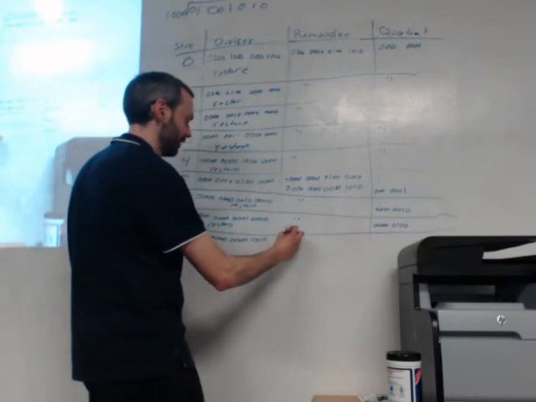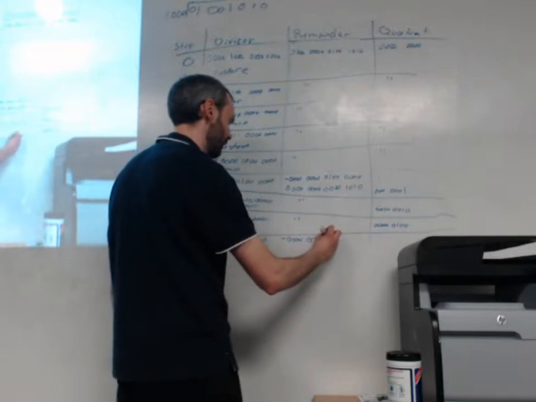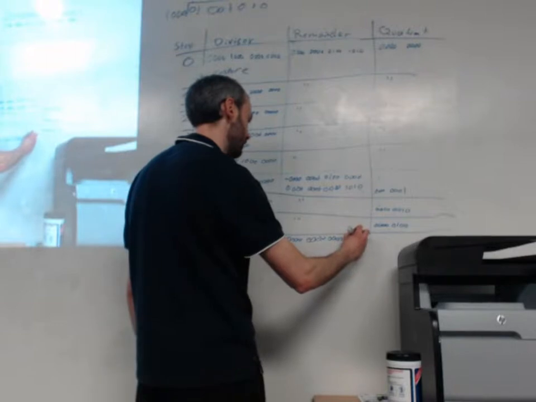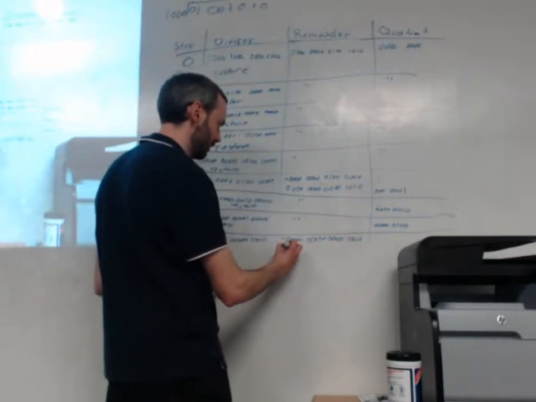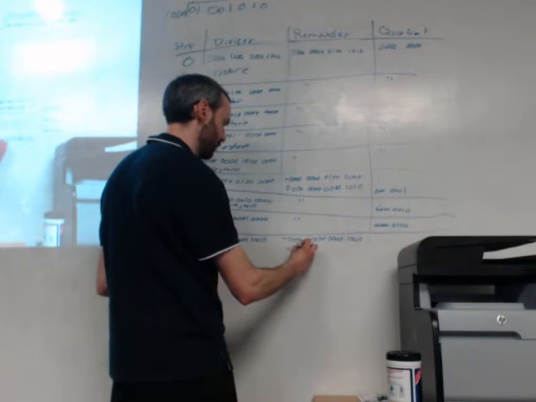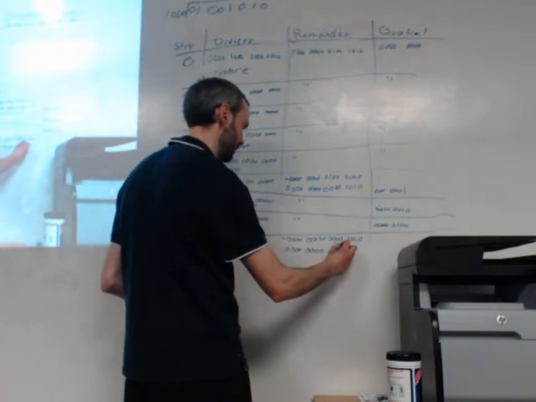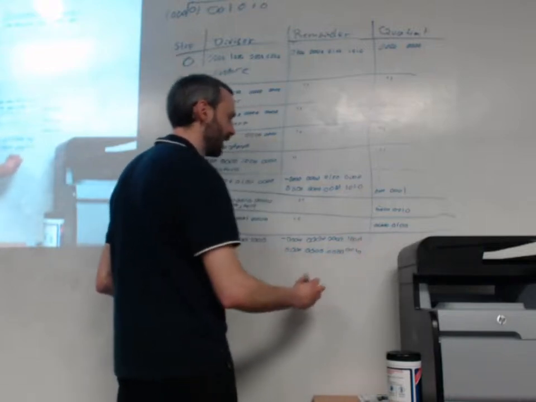Then we subtract. 1, 2, 3, 4, 1, 0, 0, 0. So we subtract it, and we're going to get 0, 0, 0, 0, 0, 0, 0. And you got 0, 0, 1, 0.